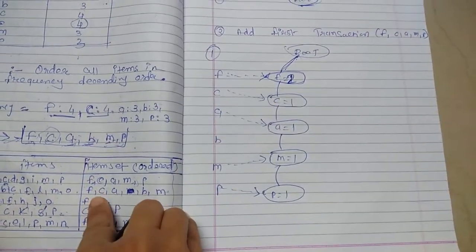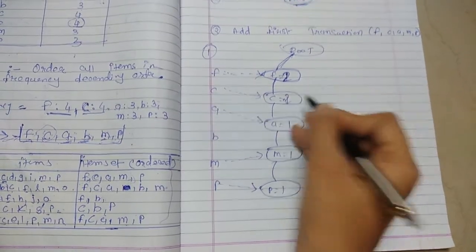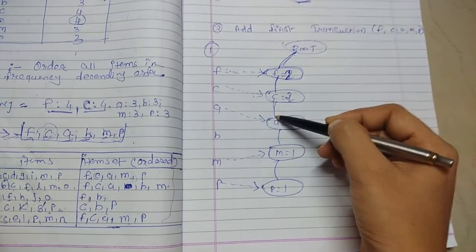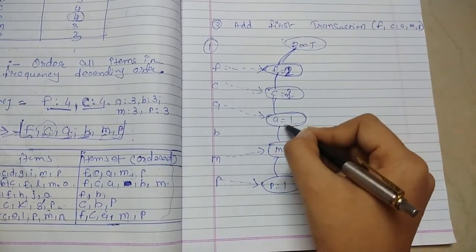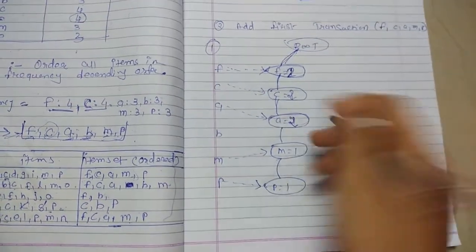Now F then C, so again go to C and update the value, then also A, so go to A and update the value of A, it becomes 2.